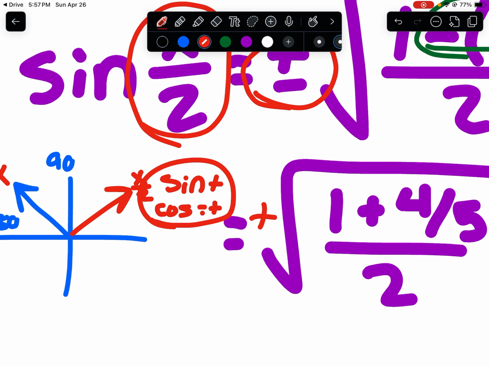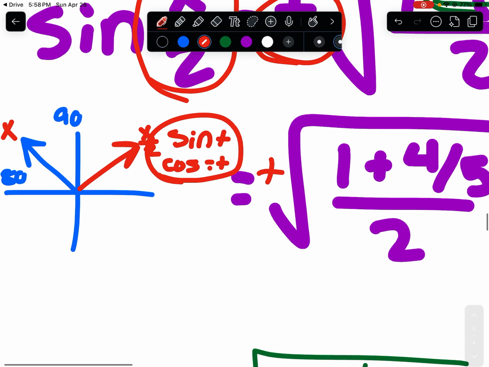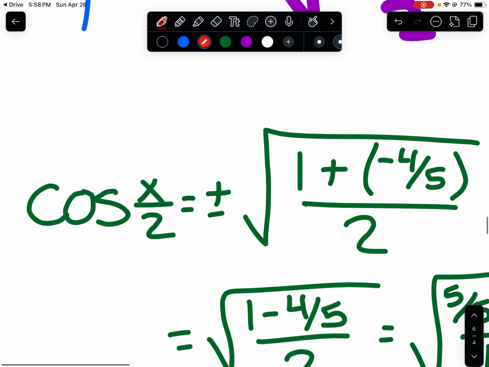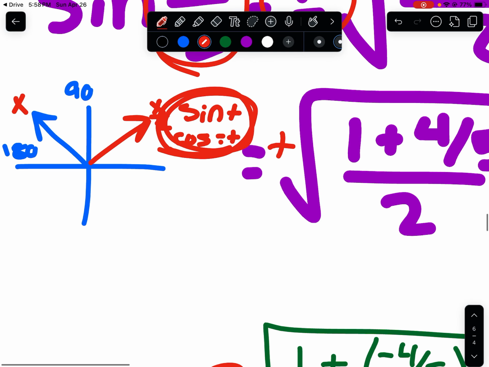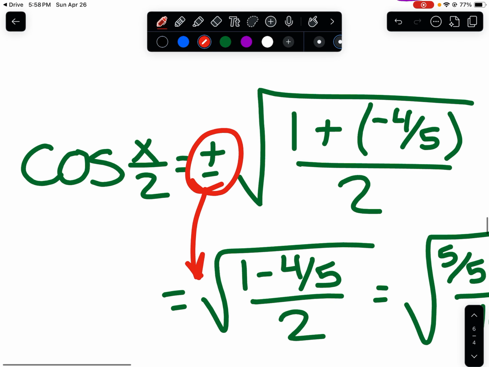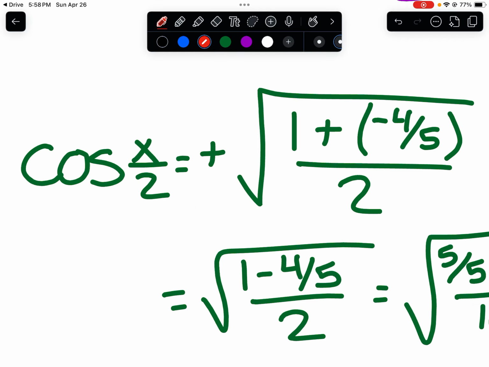And then even this little diagram here lets us know what the sign, positive or negative, is going to be on our cosine of x over 2. So when I go down here to cosine of x over 2, I'm going to get something really similar. Again, when I go from the first step to the second one, this plus or minus sign almost goes away, because I know my final answer should be positive.